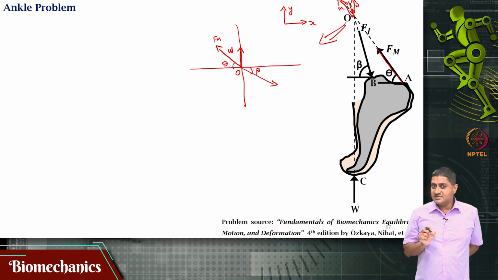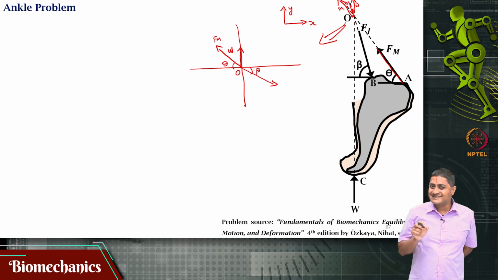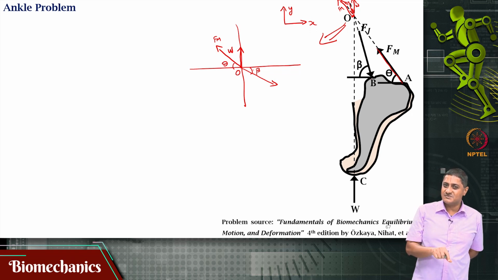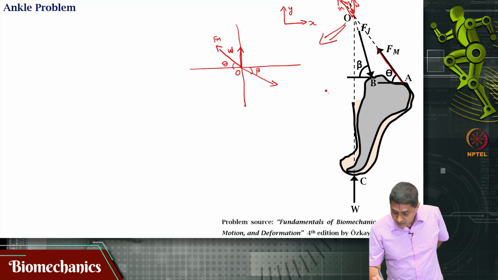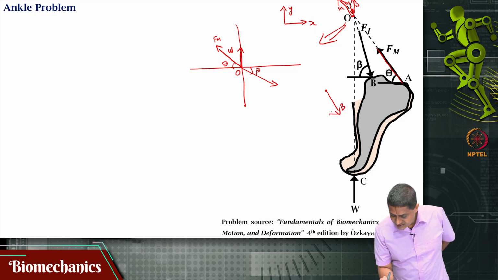Technically, this beta is not exactly the same beta that Fj is making, because if you see, this is point O and you know, this is point B where this is beta, is it not? This is how it is given, that is that point.